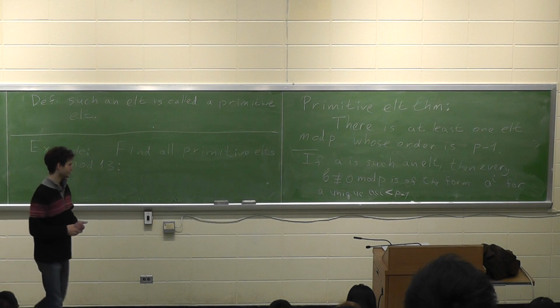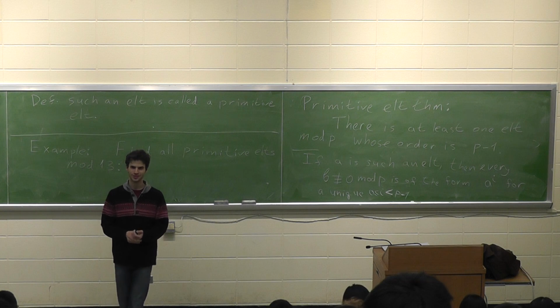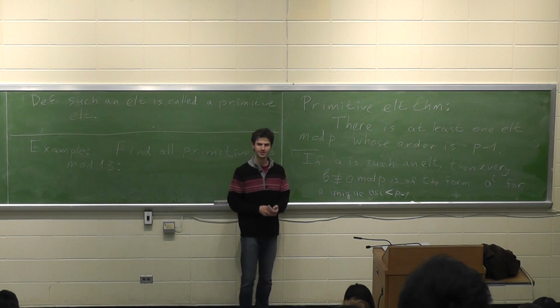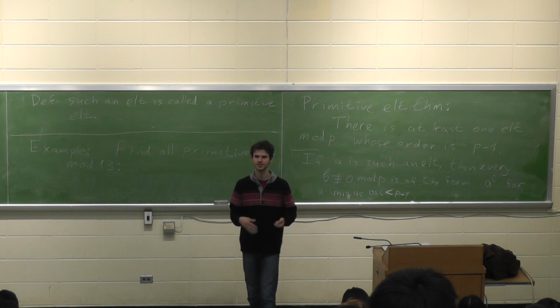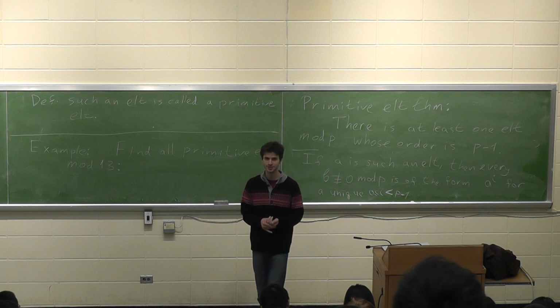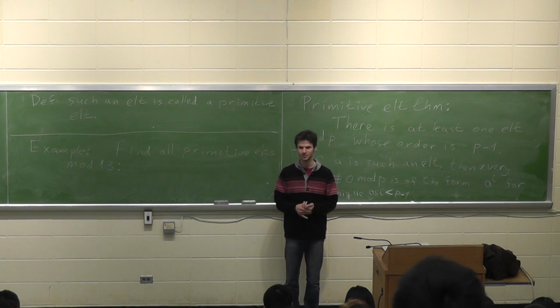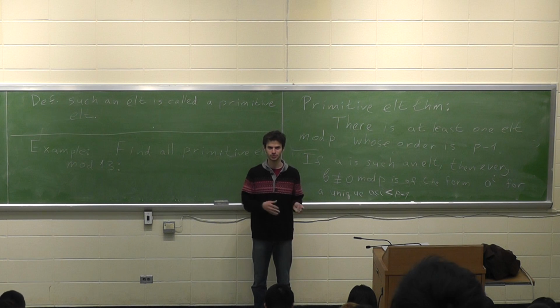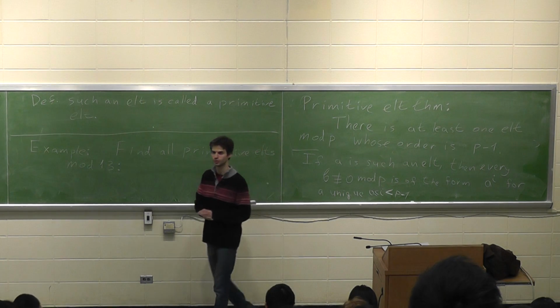Unfortunately, there isn't a simple way to find such an element. We proved the theorem that you can always find such an element, there is at least one. But to actually find it, you'll have to try a couple of different elements and see whether each one of them is actually a primitive root or not.